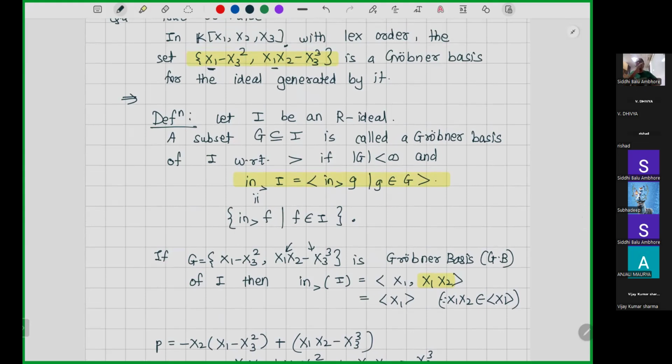So we arrange in decreasing terms and see whether any of the initial terms is divisible by another or not. So for example, here this first initial term divides the second one.